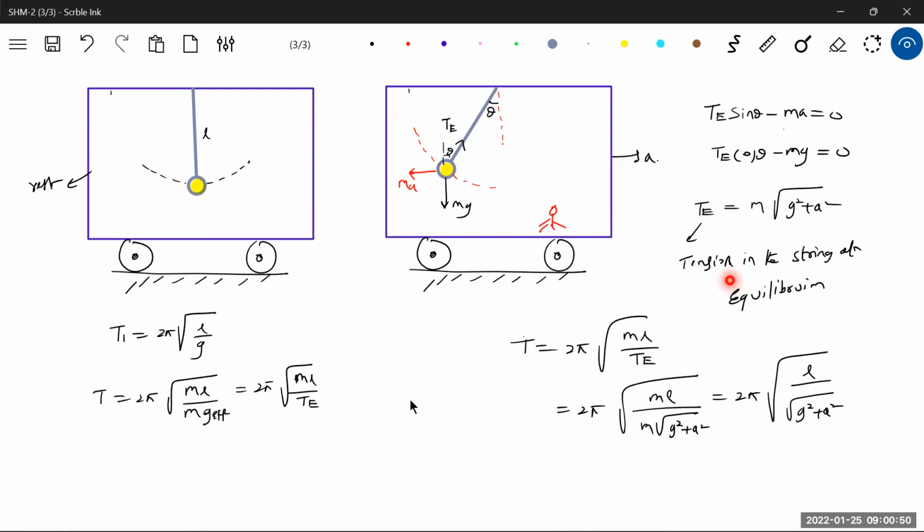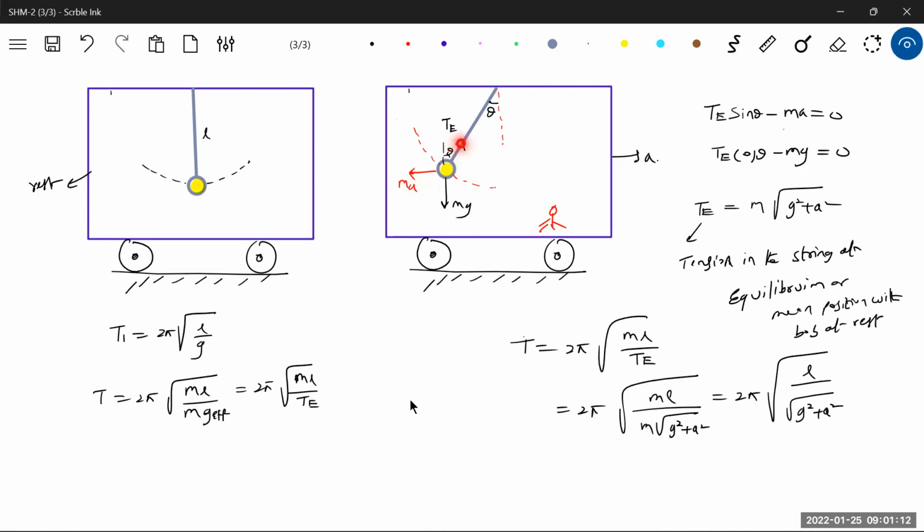We are very good in laws of motion, so we can take help of that knowledge here and find out the tension of the string at equilibrium, or at mean position, with the bob at rest. This is the condition, not when oscillating.